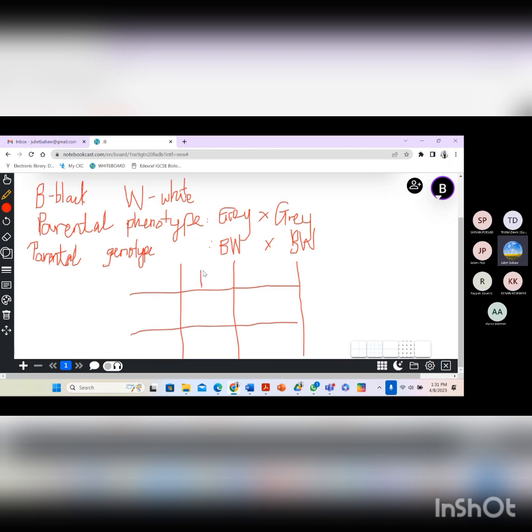So you're going to put B, W, B, W. And what you're doing, you're multiplying top by side, top by side. So I want you to try, you do it on your own, and then I'll fill it out and let's see if you got it correct. So go ahead and fill in this Punnett square on your own.